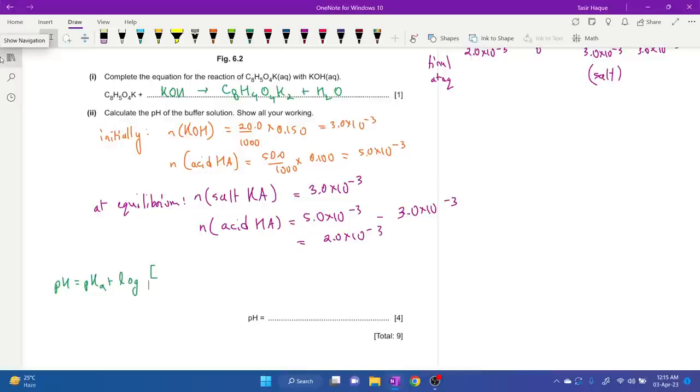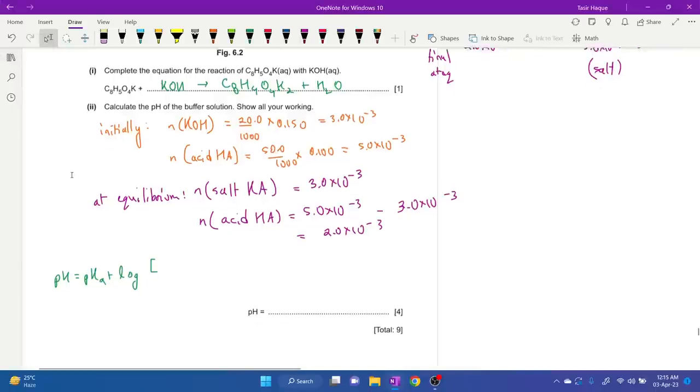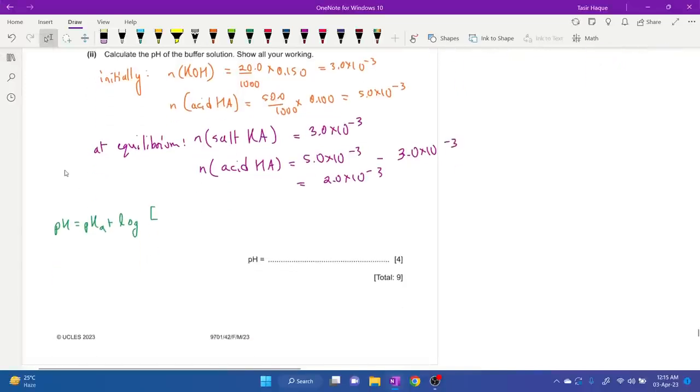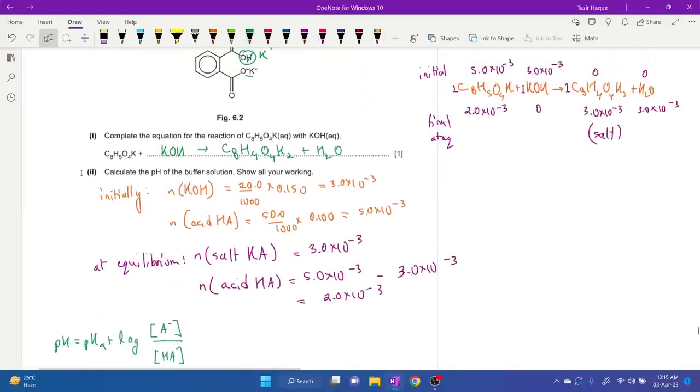All right, so pH is equal to pKa. If I use plus log base 10, I have to use the salt above, which is the concentration of A minus divided by the concentration of the acid. So what do I end up with? pH is equal to, what's the value of pKa?